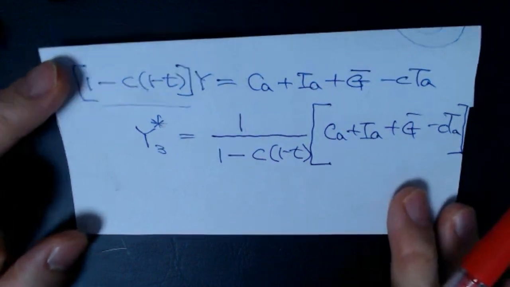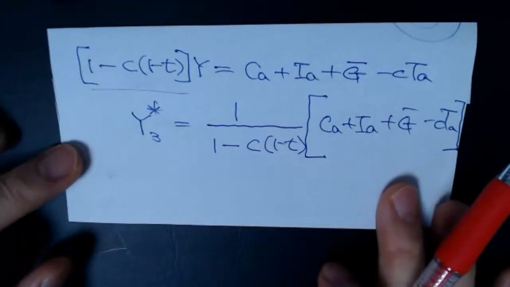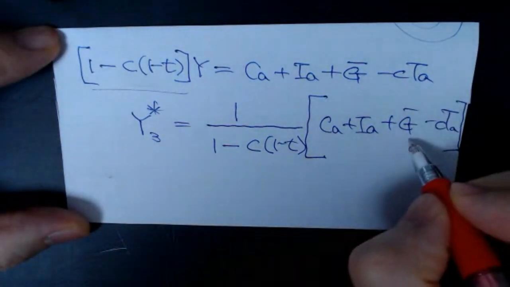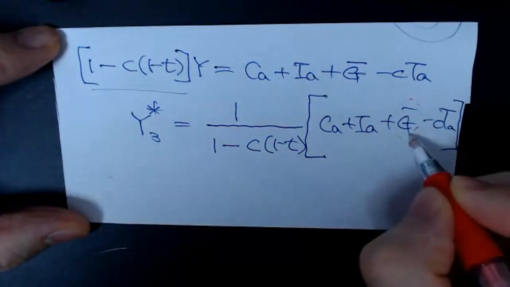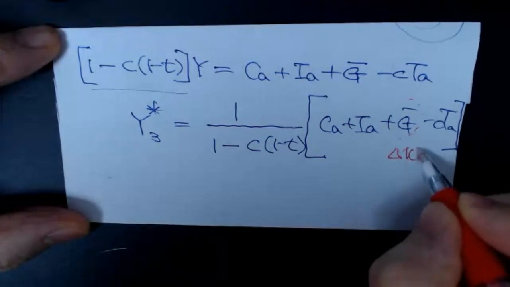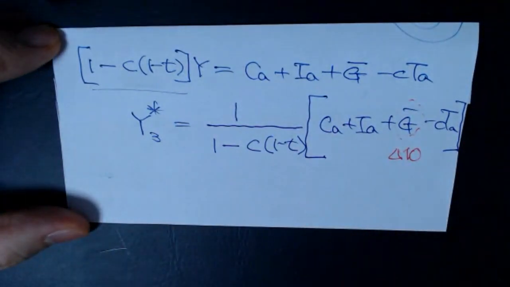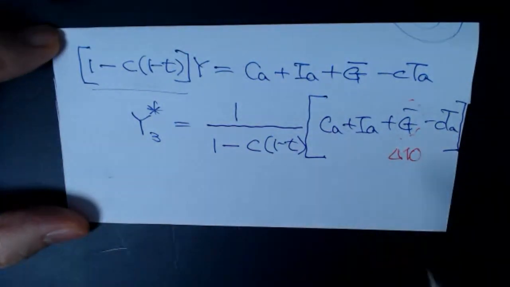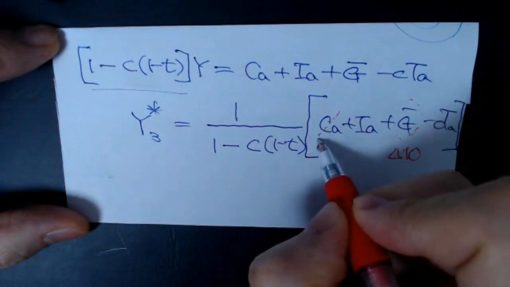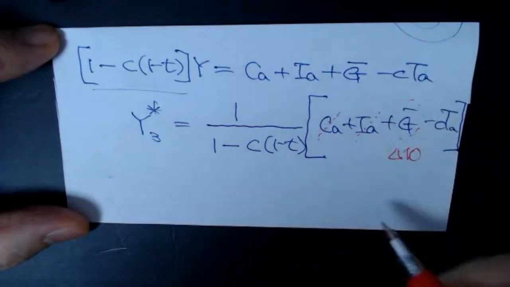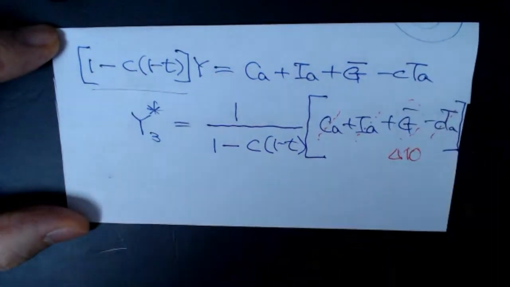So just assume, from this equilibrium condition, that government spending increased by 10. Now we assume CA remains the same, IA remains the same, tax remains the same.